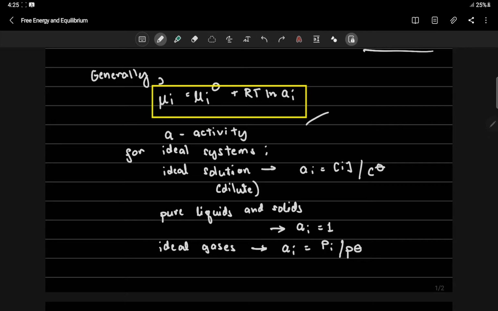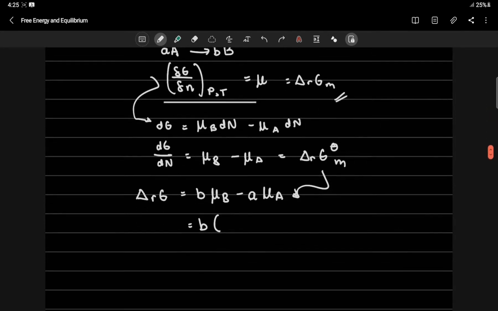Okay, so we will express that for species B. So magiging mu B standard plus RT ln of the activity of B. Okay? Minus A, coefficient nung compound A, times the chemical potential standard of A plus RT ln of the activity of A.